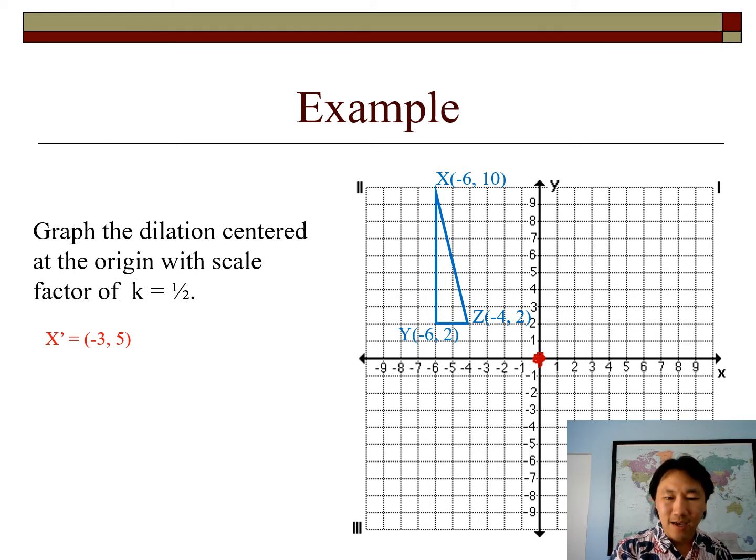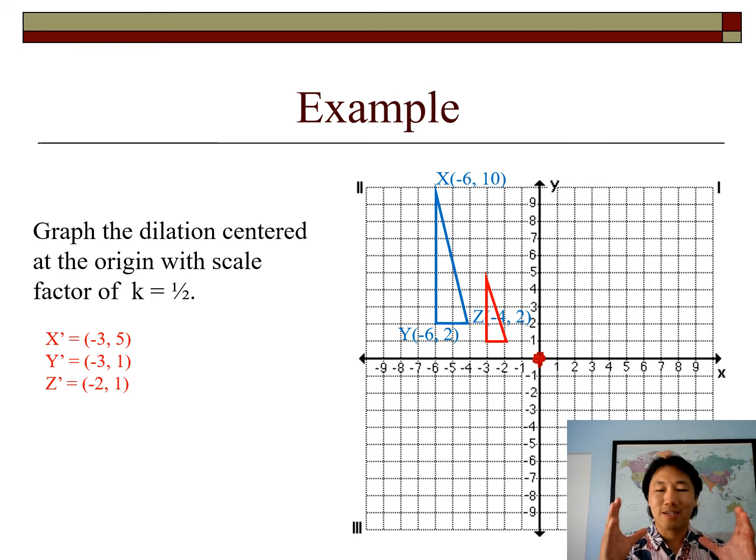If I multiply point y by 1/2, I have y prime is -3/1, and then of course z prime is -2/1. So I just halved everything. Here's what it looks like. And now we have a red triangle that is half the size of our original. All right?